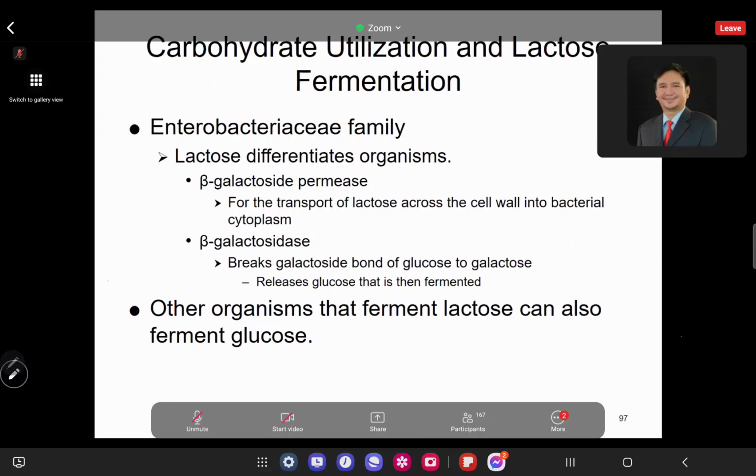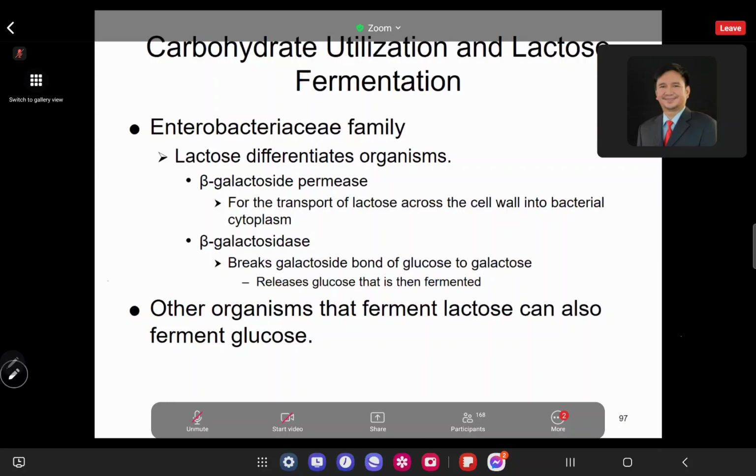And what agar plate do we use? It's your MacConkey agar, remember that. We have two routine agar plates, blood agar plate or the sheep blood agar, and your MacConkey agar. Now your MacConkey agar, once again, is based on lactose fermentation. An example of a lactose fermenter is your Escherichia coli.